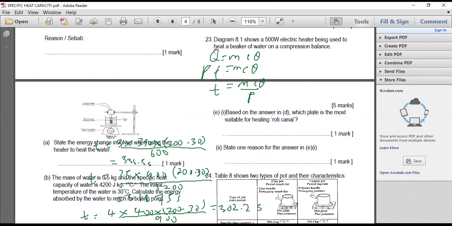Based on your answer, they ask you to choose, so S. The reason: shortest time to reach 100 degrees Celsius.